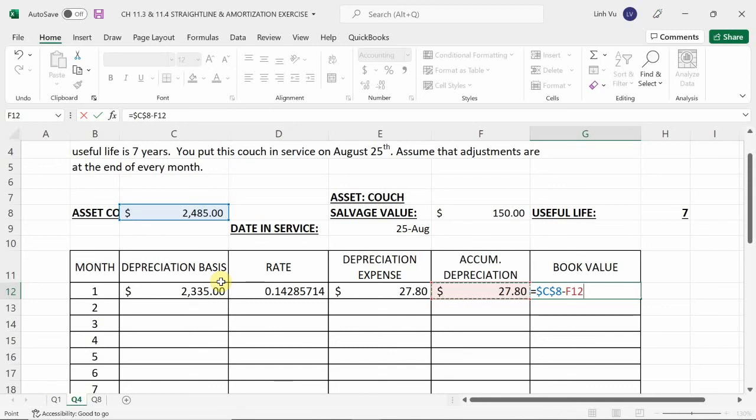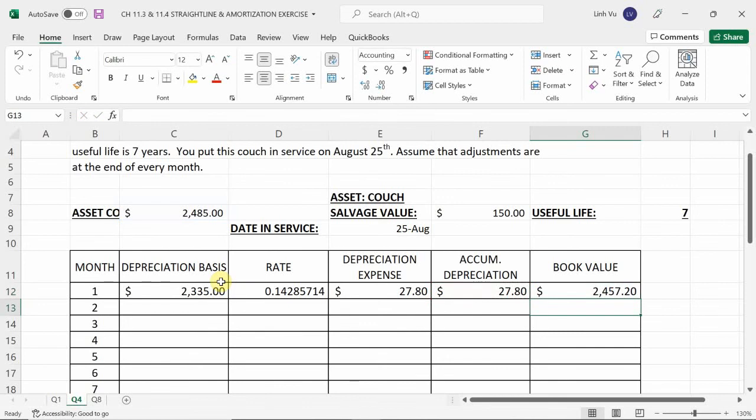How much was the cost? 2,485.00 minus 27.80. I got 2,457.20.